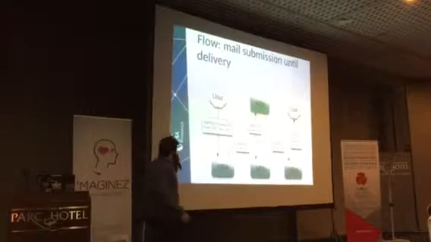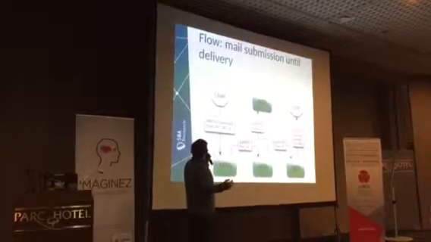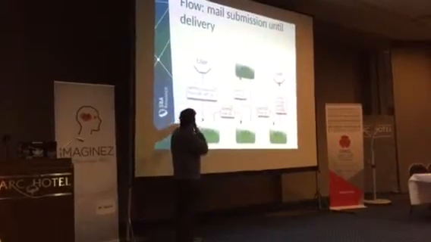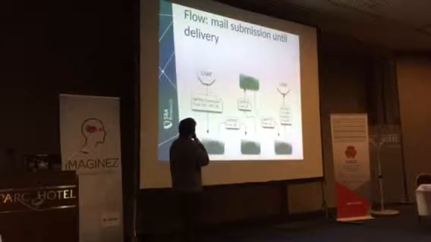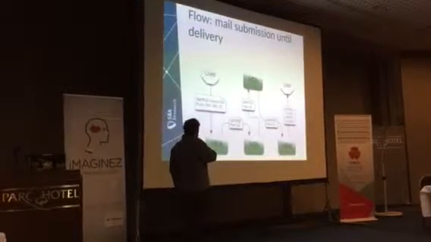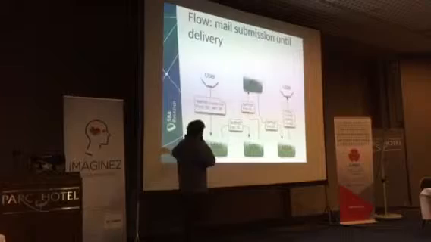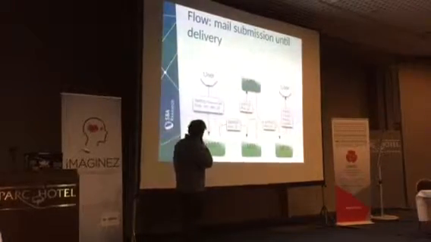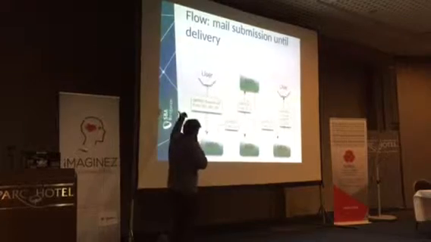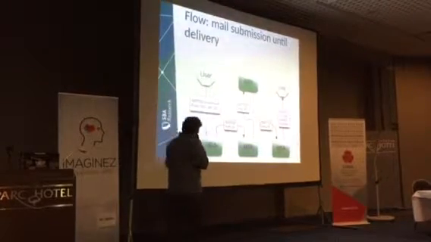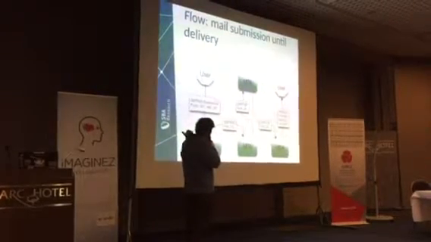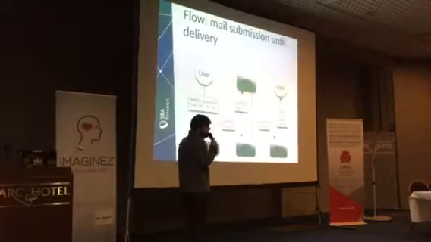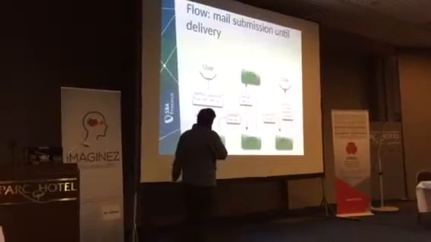This is the typical flow. A user submits a mail, on port 25, 465, or 587, either implicitly or with STARTTLS, to a mail submission agent. The mail submission agent then relays the traffic to a mail transfer agent, which is usually the next server in line.